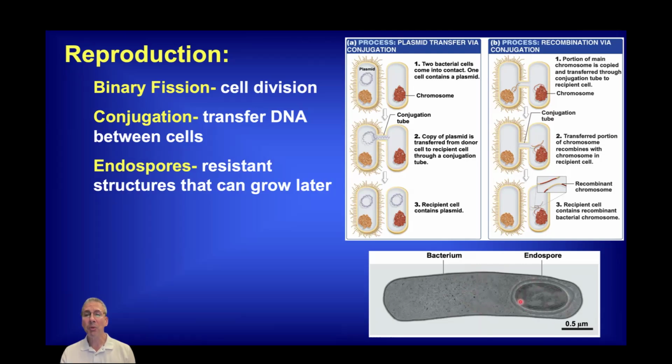But this endospore can survive. It's a very resistant structure. It can go long periods of time without water or nutrients, and then in the hopes that at some point in the future it will encounter conditions that are favorable to growth, it can once again start to grow and produce an entirely new colony of bacteria.